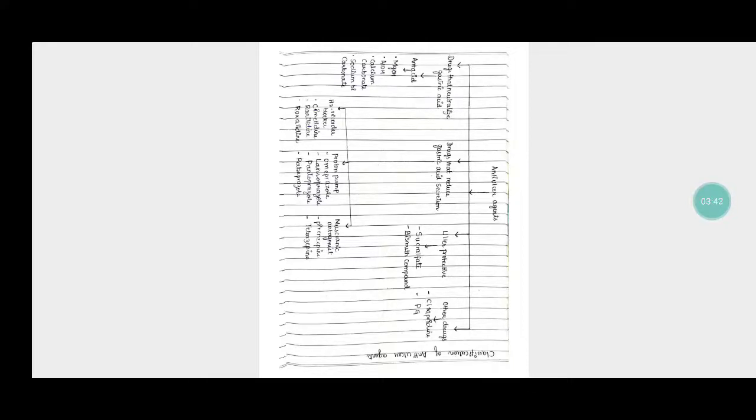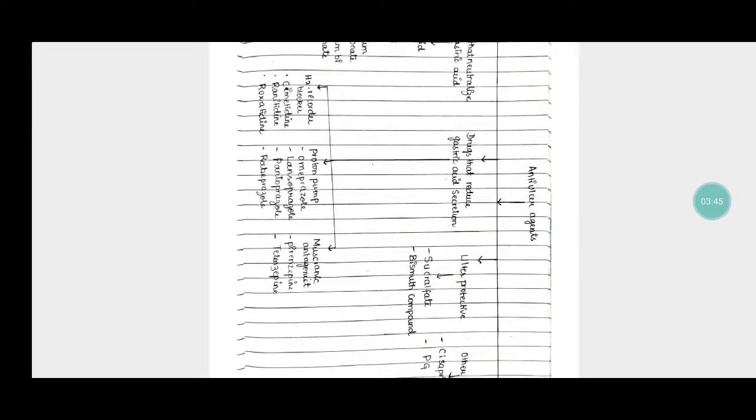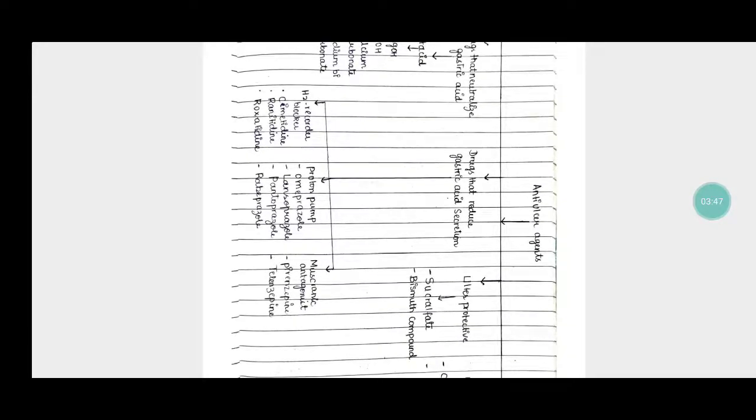For H2 receptor blockers, cimetidine, ranitidine and roxatidine are the examples, whereas for proton pump inhibitors, omeprazole, lansoprazole, pantoprazole and rabeprazole are the examples.